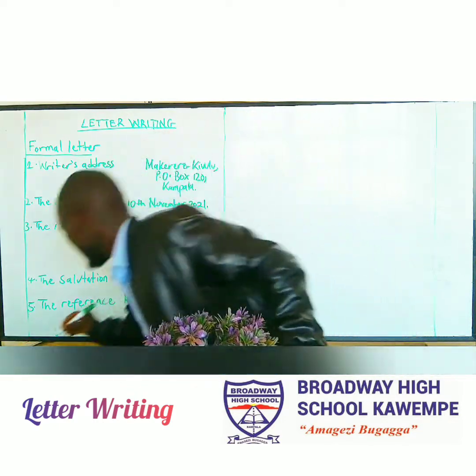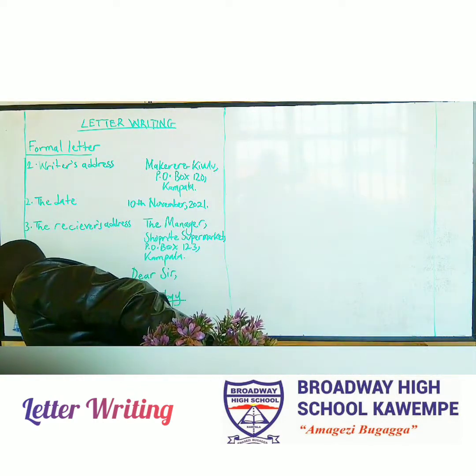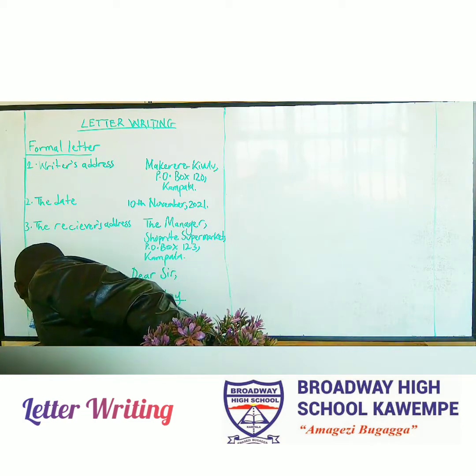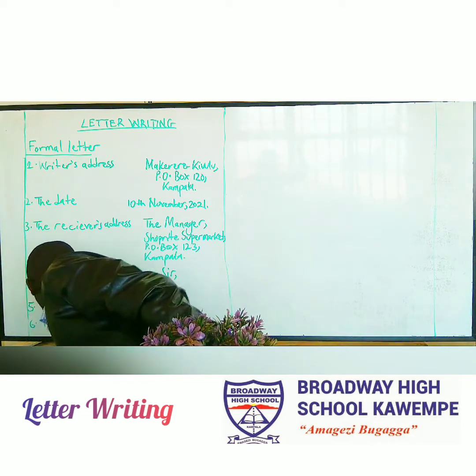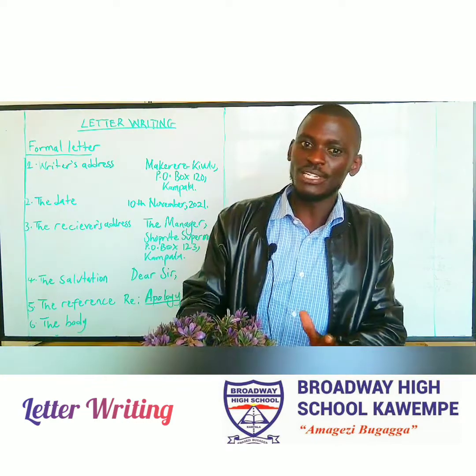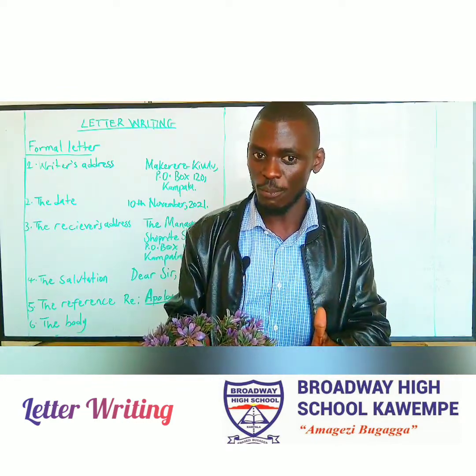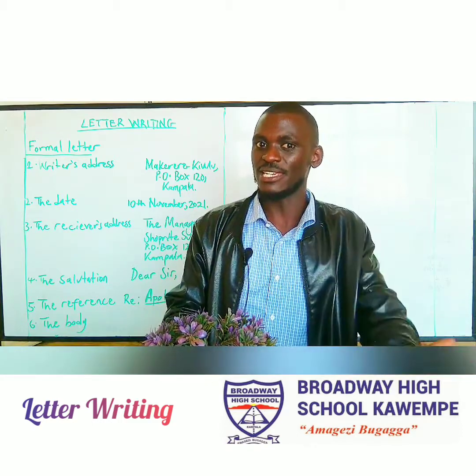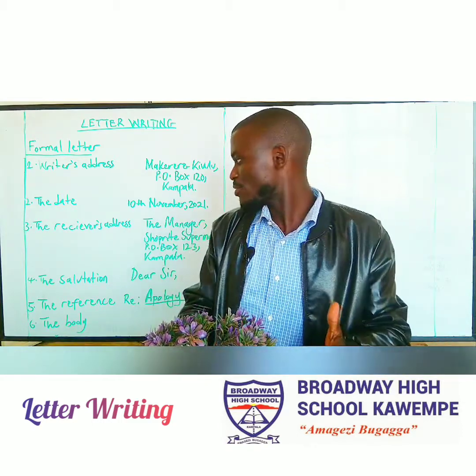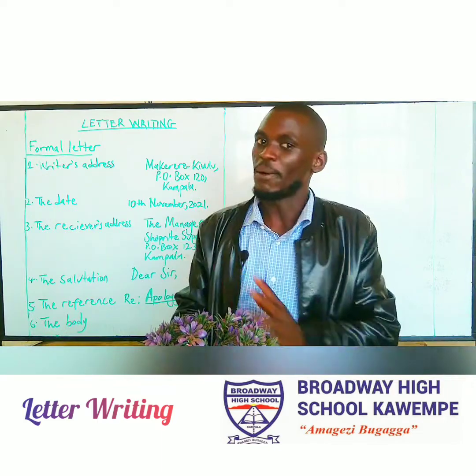Then the next item would be the body. While writing the body, it is always important that we present our body in prose form, that is presenting the items in paragraphs.